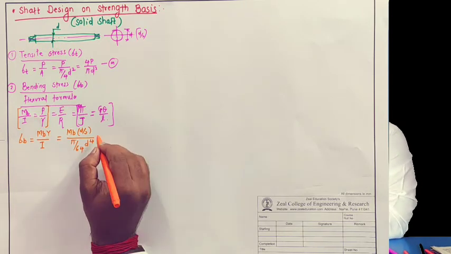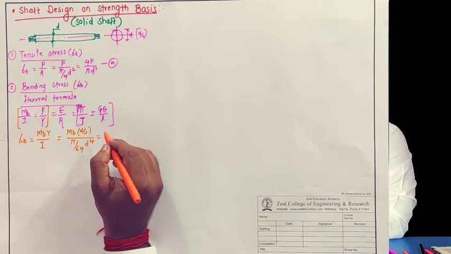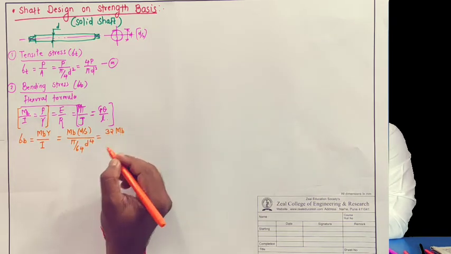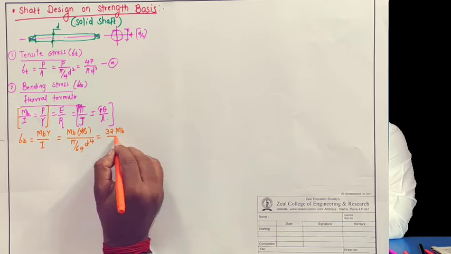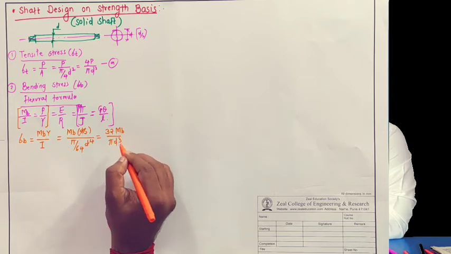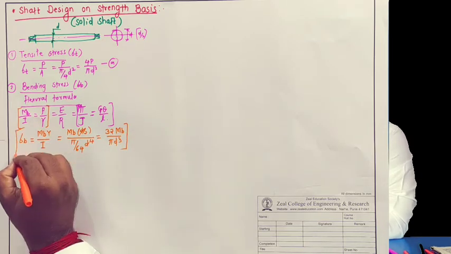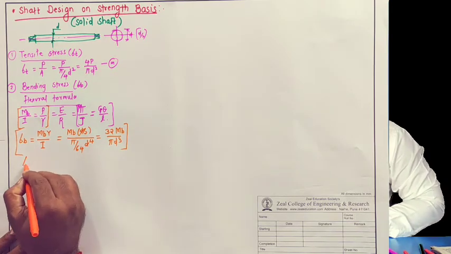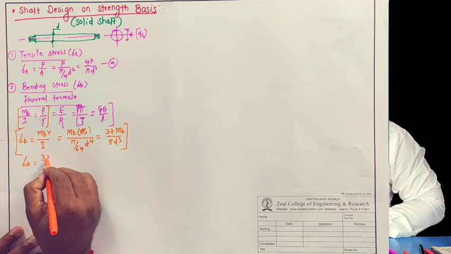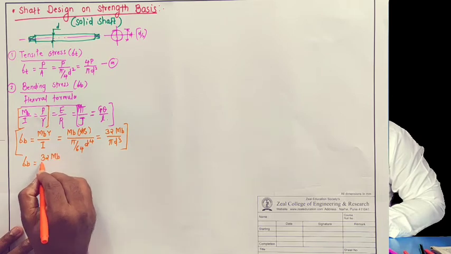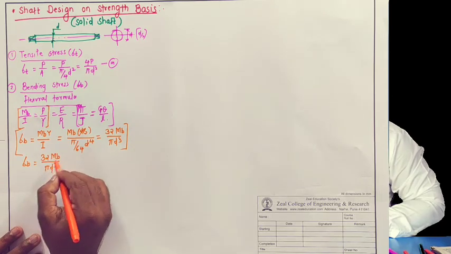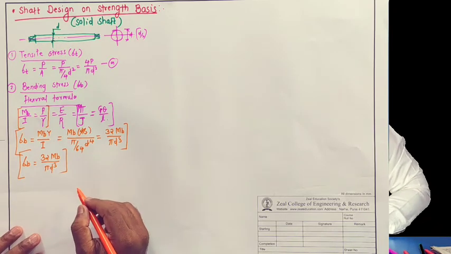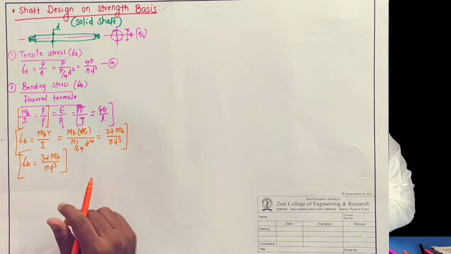If I simplify it, I get 32 MB, D gets cancelled, by pi D cube. So sigma B is nothing but 32 MB by pi D cube. This is the bending stress we have calculated for the shaft.